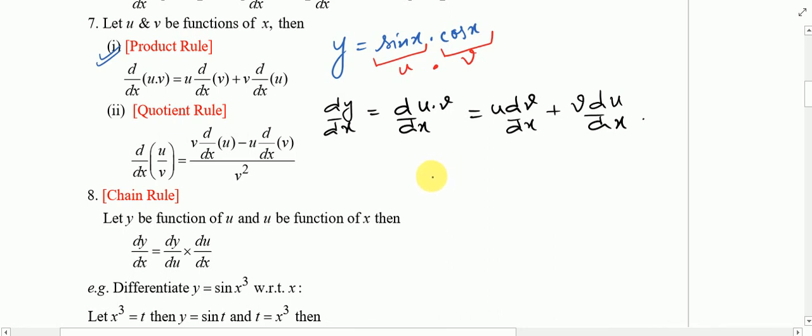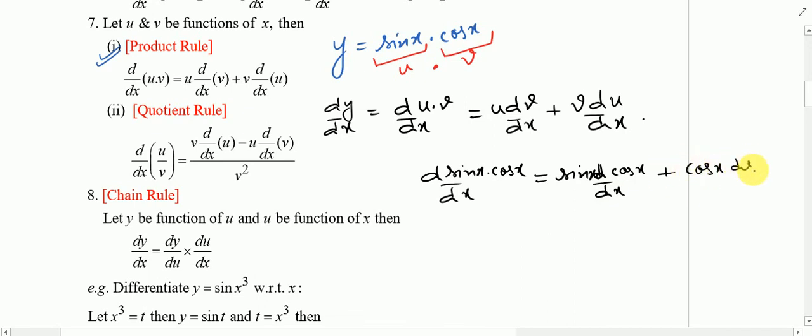So in this case, the differentiation of sin x into cos x will be written like this: sin x d cos x upon dx plus cos x d sin x upon dx.